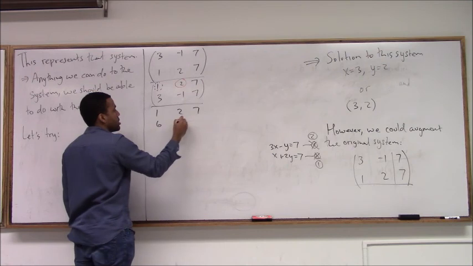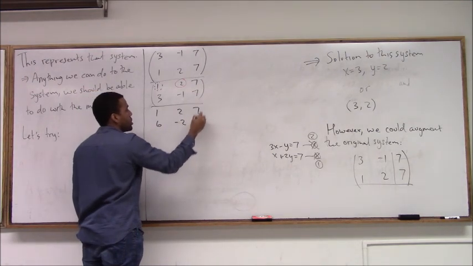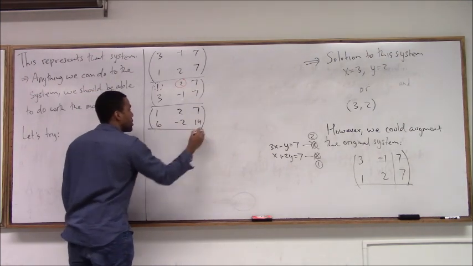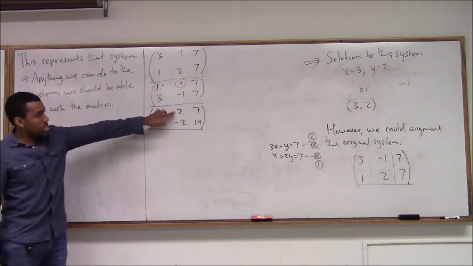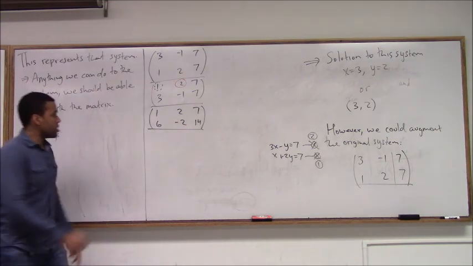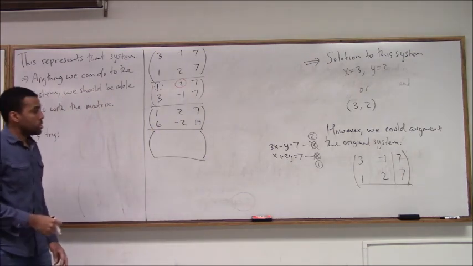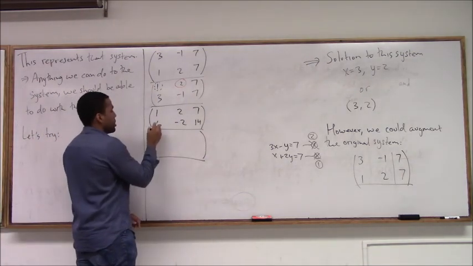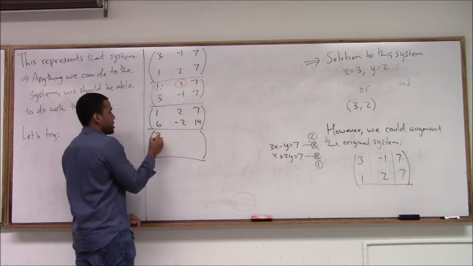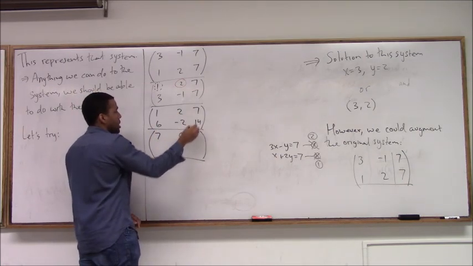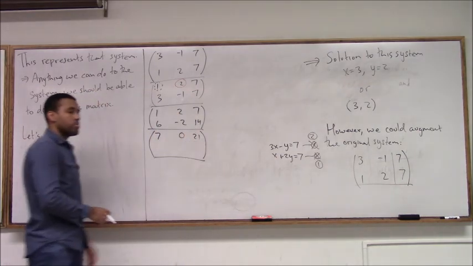And I would have gotten 6, minus 2, and 14. Now these are the same, so I can add these rows and put the result back into the top row. Add these, I get 7. Add those, I get 0. Add those, I get 21.